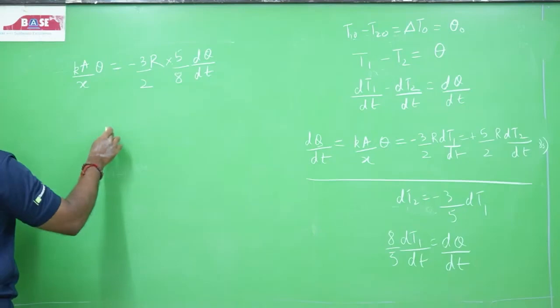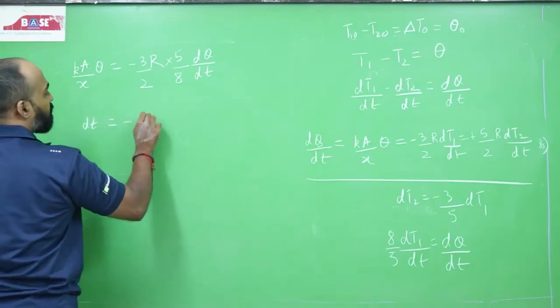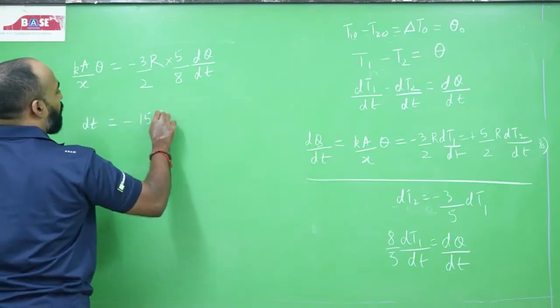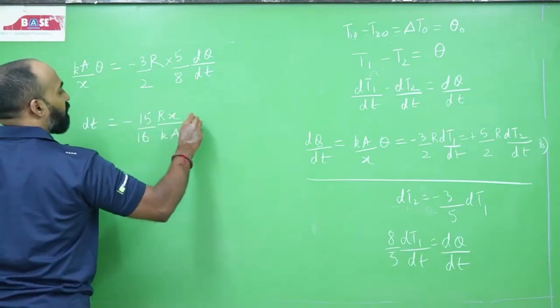So rearrange the expression to get dt is minus 15 R x by 16 KA d theta by theta.